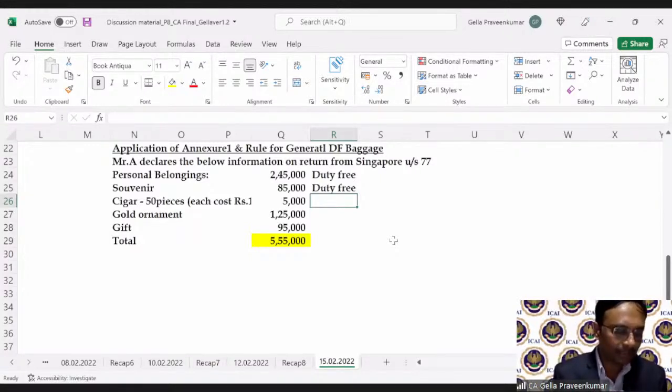Articles up to the value of rupees 50,000, excluding articles mentioned in Annexure 1, if carried on in person or in accompanied baggage of the passenger. Right? So here, all these articles, what is going to carry, it is forming part of my baggage. Now, this particular item which I am going to carry as cigarettes, what is happening here?